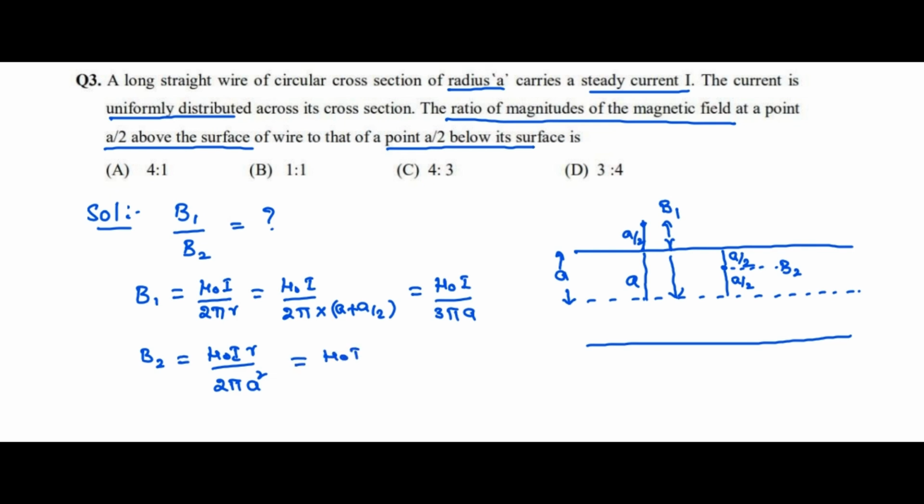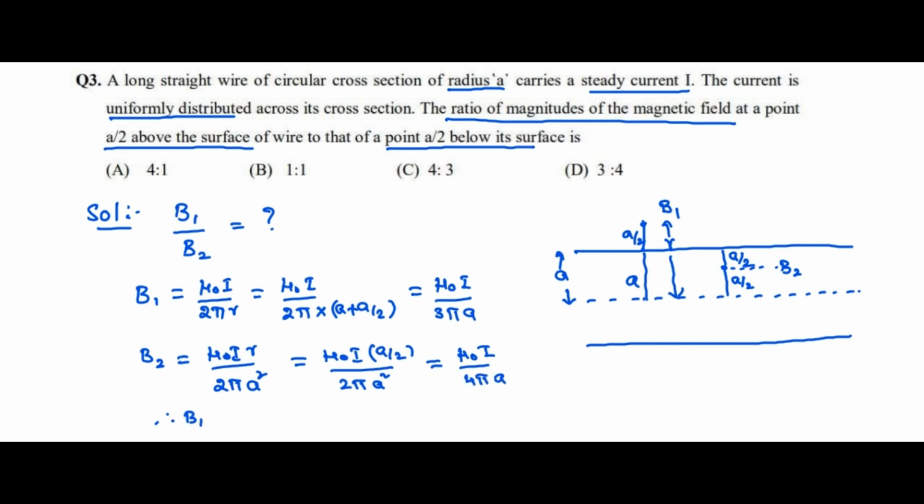So mu naught I, here R is acting as A by 2, divided by 2 pi A square. This value will give us mu naught I divided by 4 pi A.